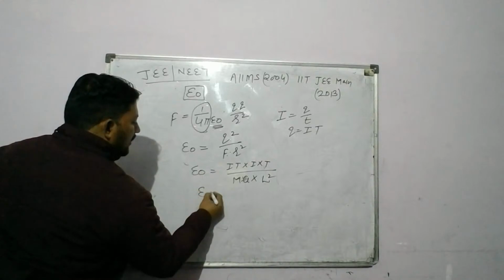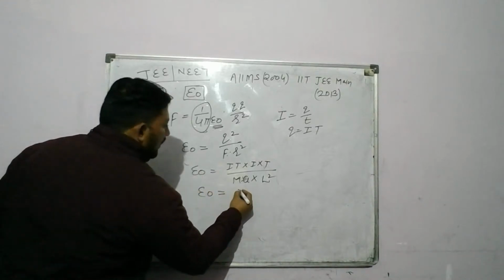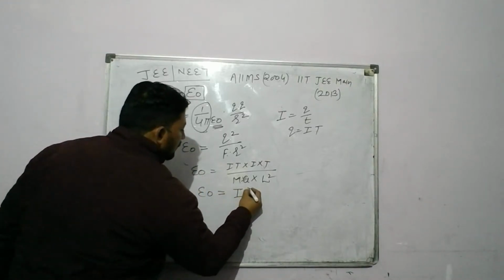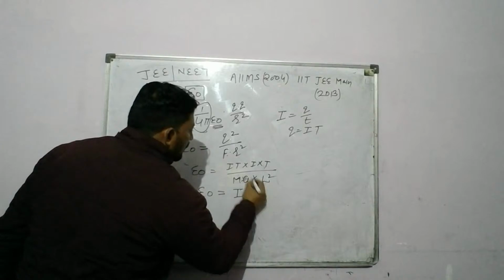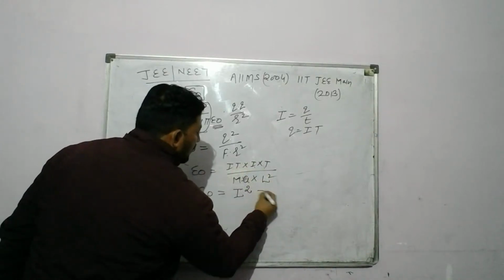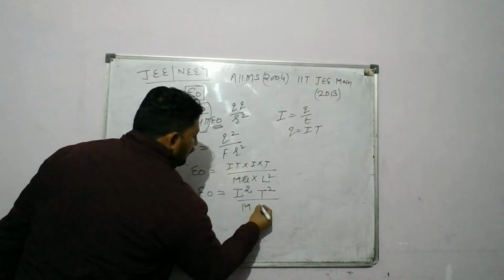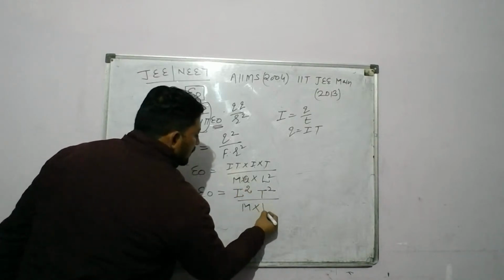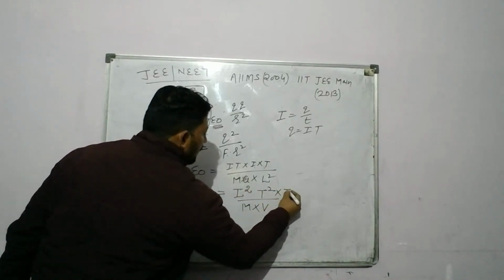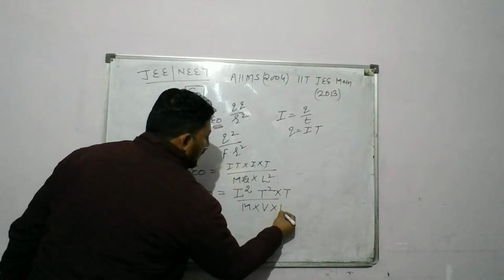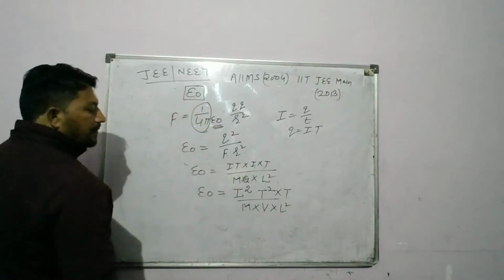So epsilon 0 is equal to I square, meaning ampere square, T square, divided by M multiplied by acceleration, and acceleration is equal to velocity upon time, multiplied by L square. Step by step we solve.